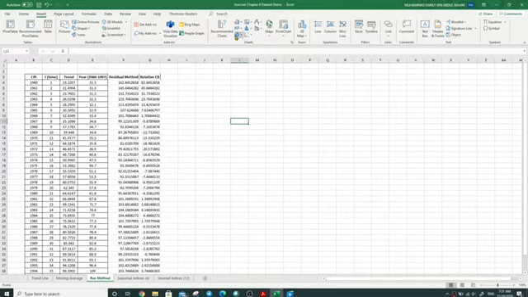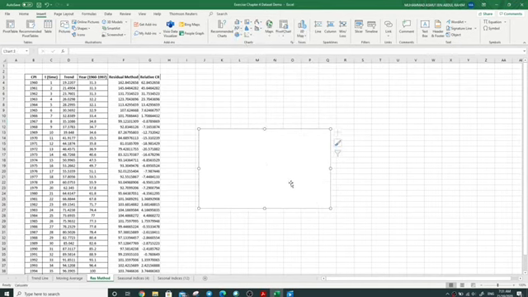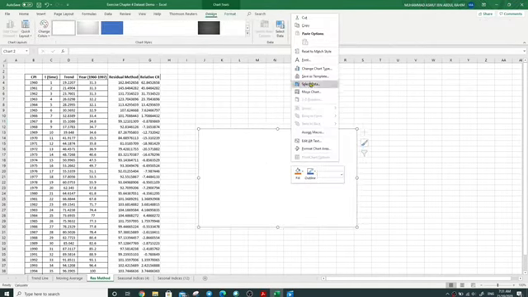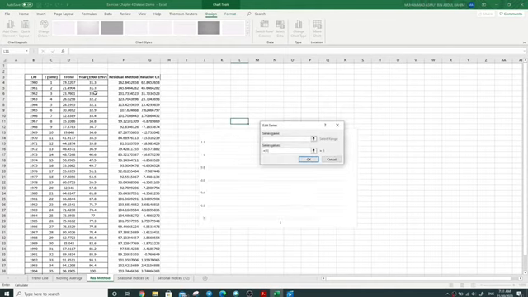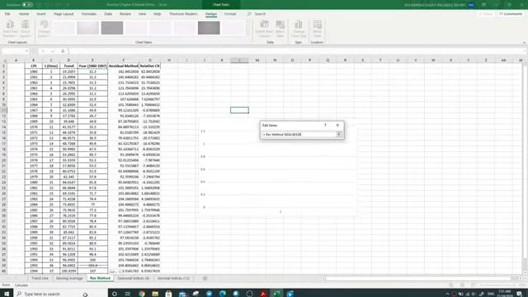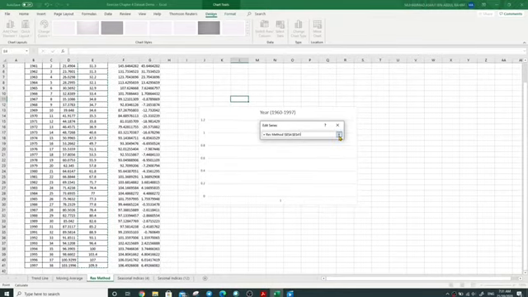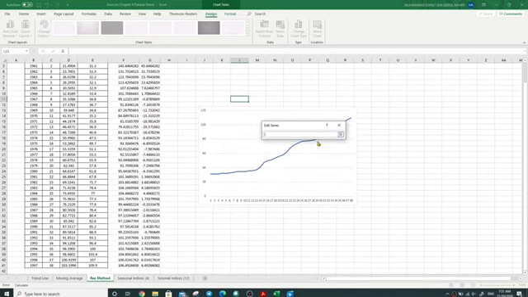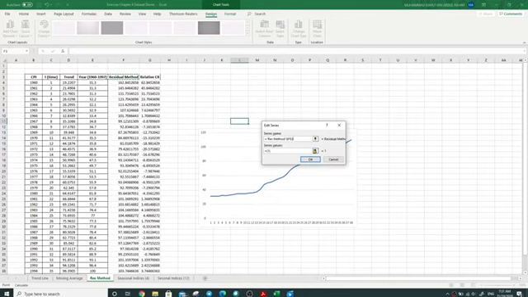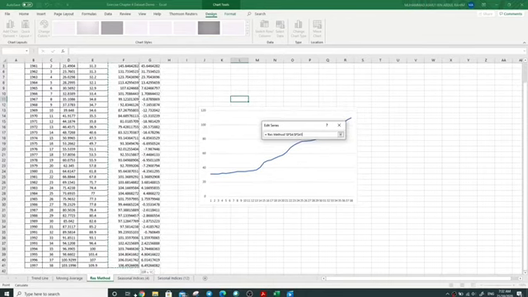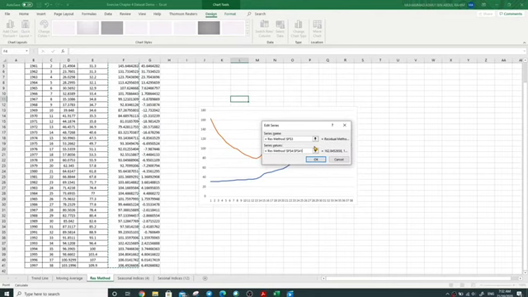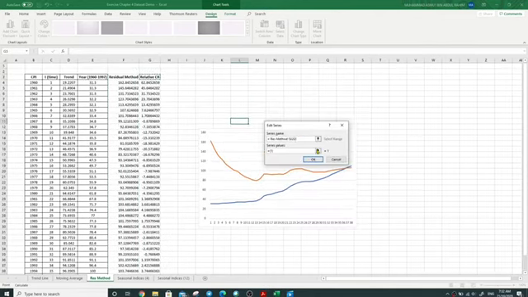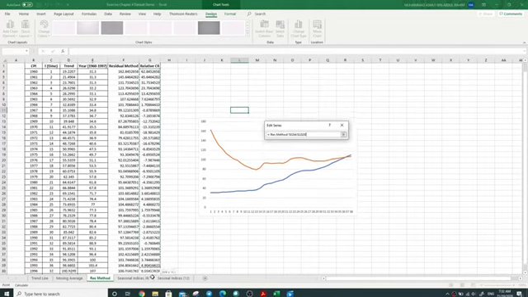We select data, add the original series, then add the residual method, and then we add the relative cyclical residual.